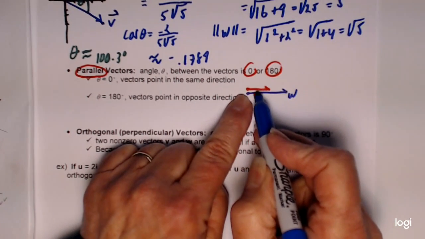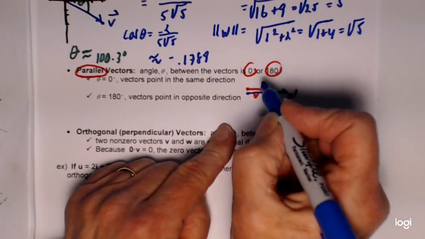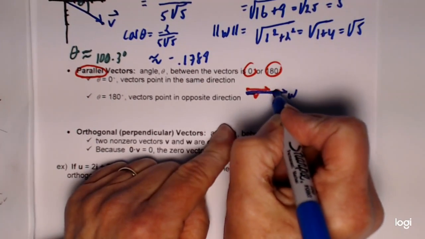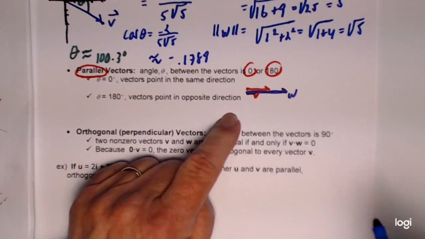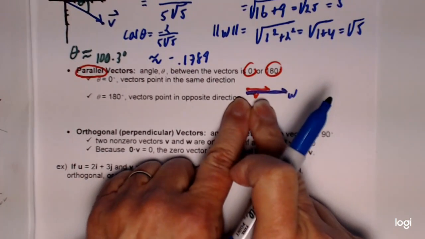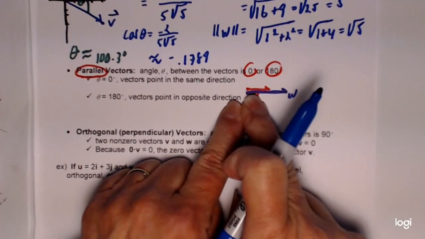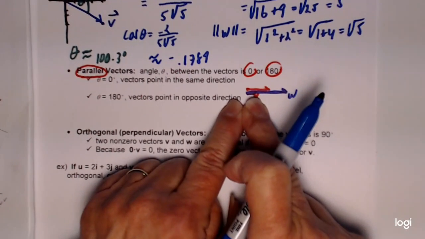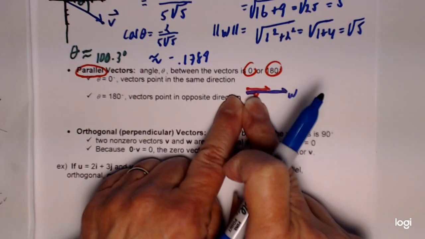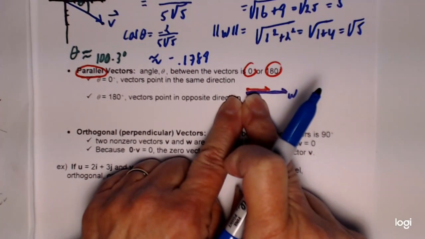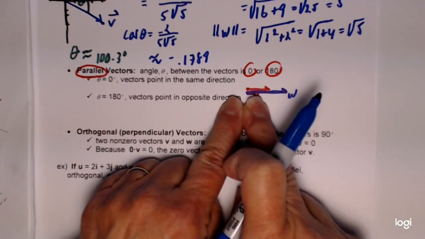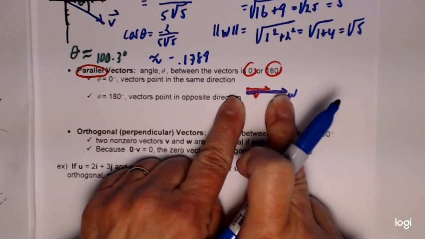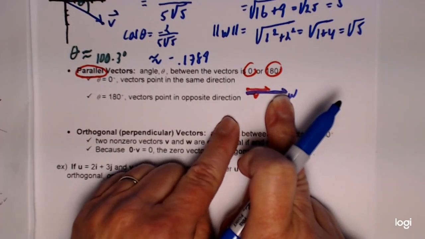I've shown a space so you could see distinctly the two vectors, but you can see the degree of the angle in between these two vectors is 0. So when the angle in between two vectors is 0, that means that they are parallel and they are moving in the same direction.